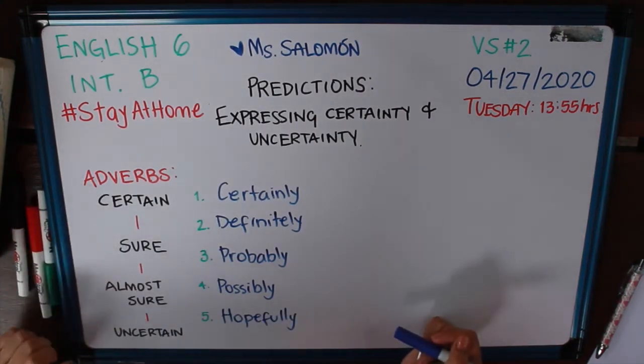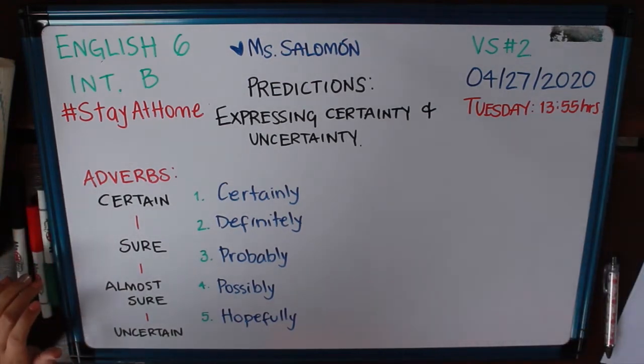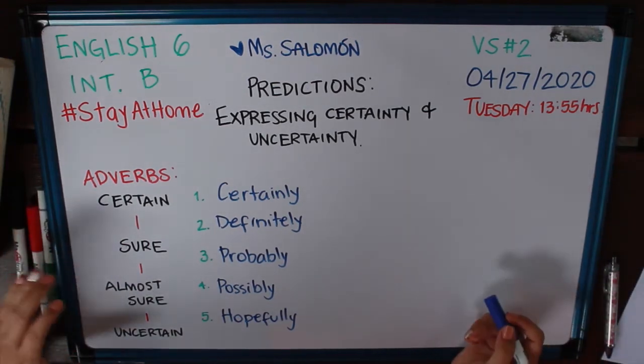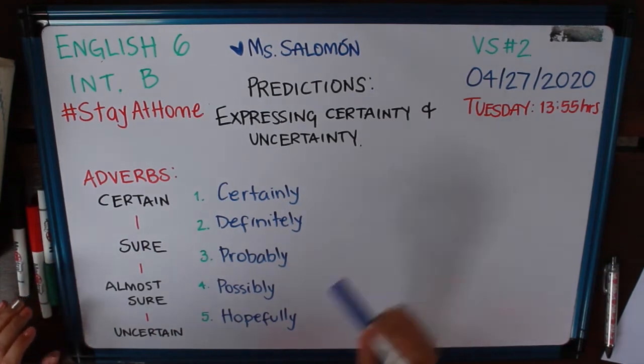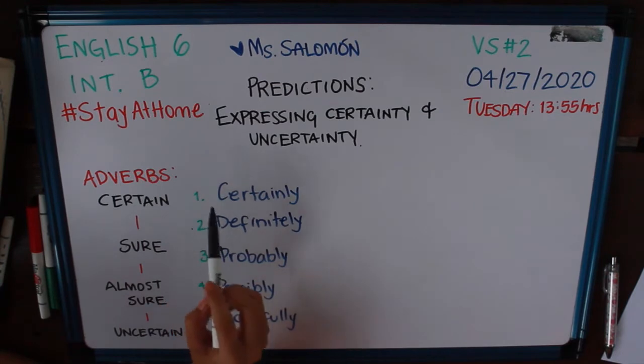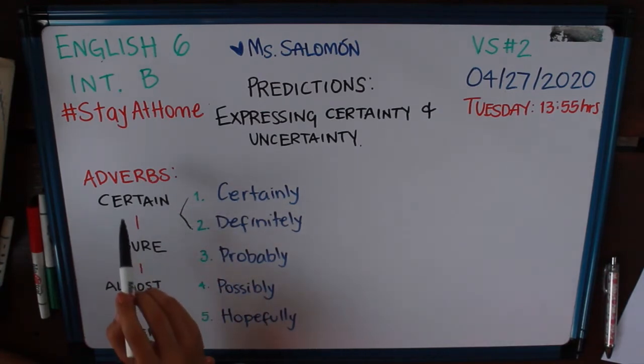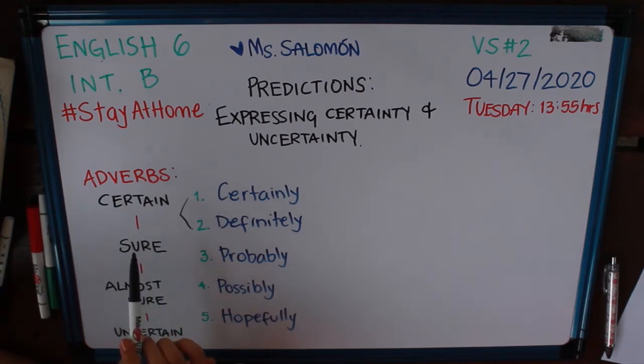Now, if you look at these words right here, this is a scale that will help you identify the degree of certainty that these adverbs have. Whenever we use the adverbs certainly and definitely, we're moving between the range of certain and sure.